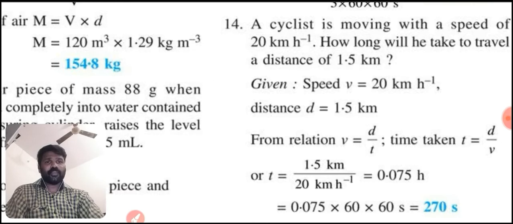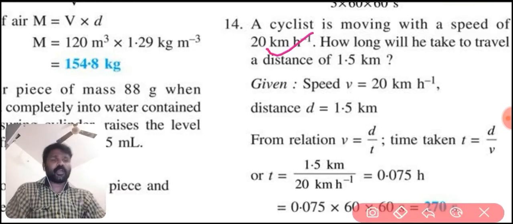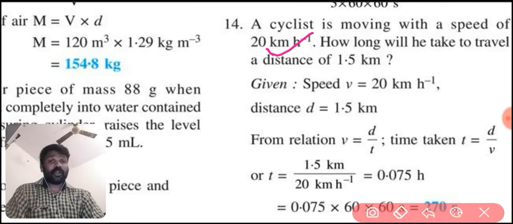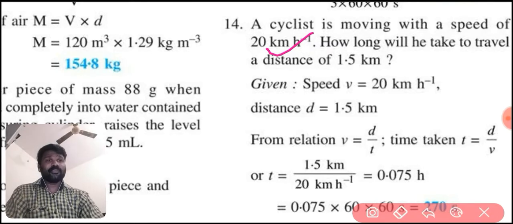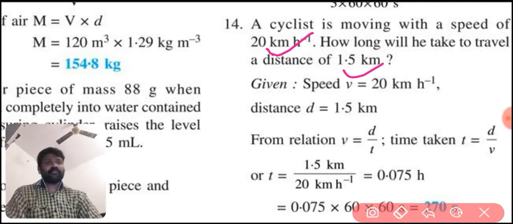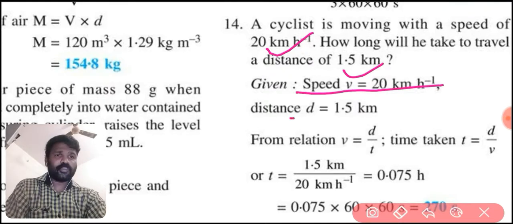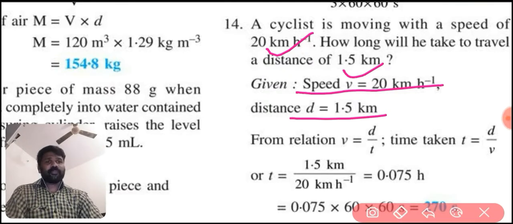Okay, students, what is our question to find out? Time. So for this, it is given the speed v is equal to 20 km per hour, distance d is equal to 1.5 km.